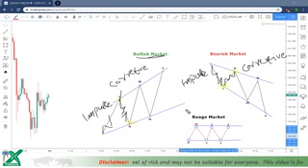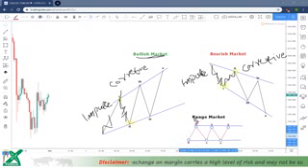Both are trending markets, which make up only 10-15% of the overall time. Let's say in one year we can get 10 to 15, or maximum 20%, trending market, and 80% of the time we get a range market, which is called a consolidative market, in which we get a complete corrective structure.